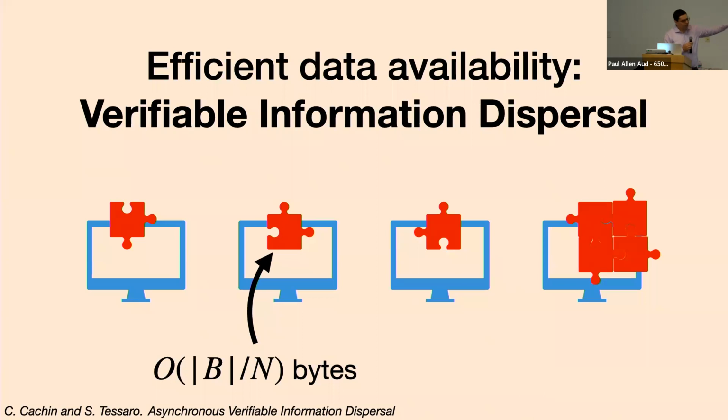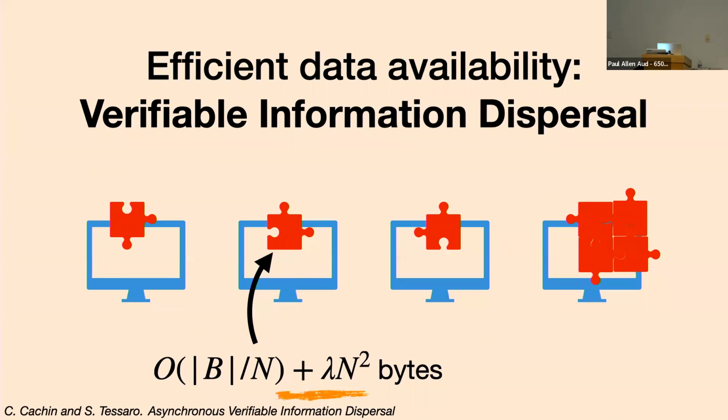Now, before just using an off-the-shelf verifiable information dispersal protocol, and by the way, the protocol that I'm going to talk about is all in the asynchronous network model, and that's why this is an asynchronous VID protocol, we noticed that it's not just this erasure code.